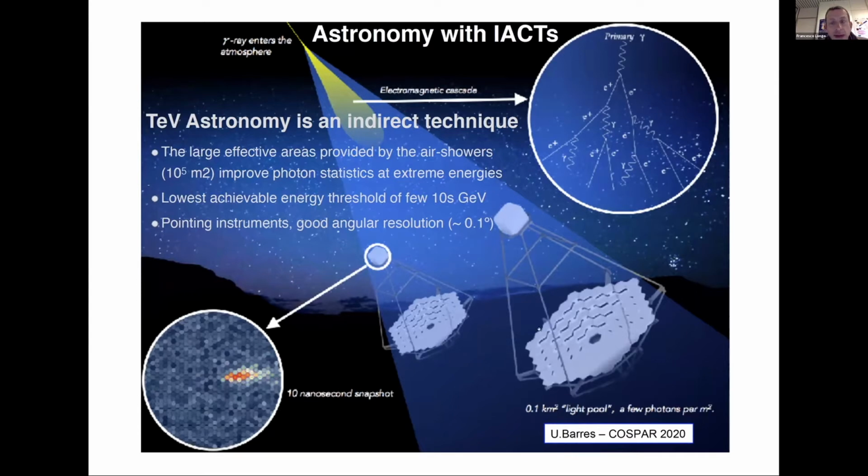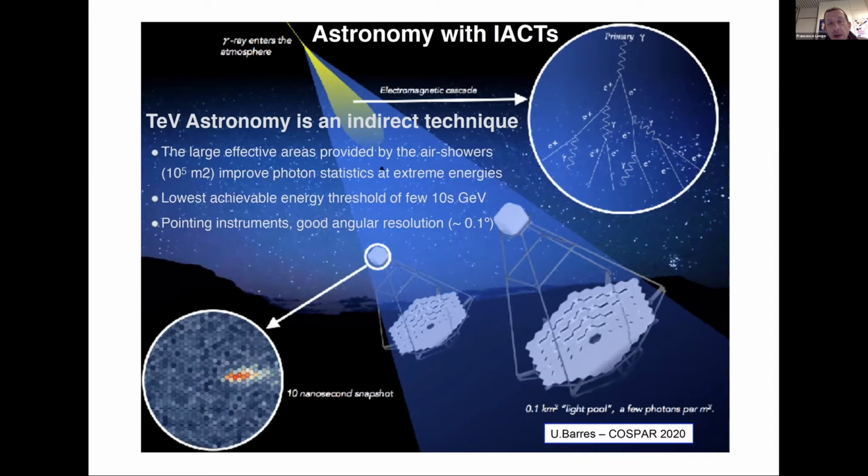And these very huge telescopes on the ground make an image of the atmospheric shower, and they image that on the camera in order to get the direction of the shower. From its shape, we can also detect the nature of the event, if it is hadronic or leptonic in origin. And also, given the amount of light that is collected, we can detect the energy of the shower.